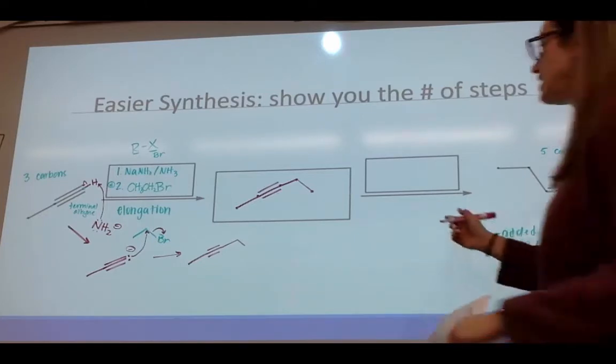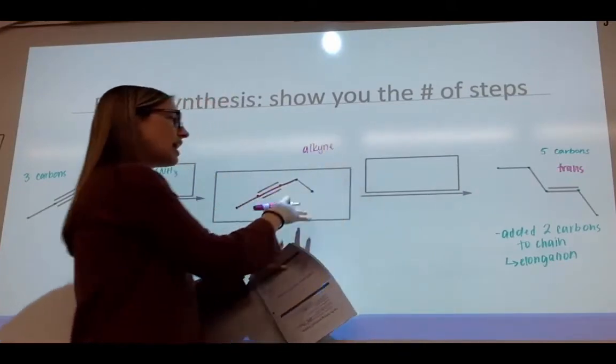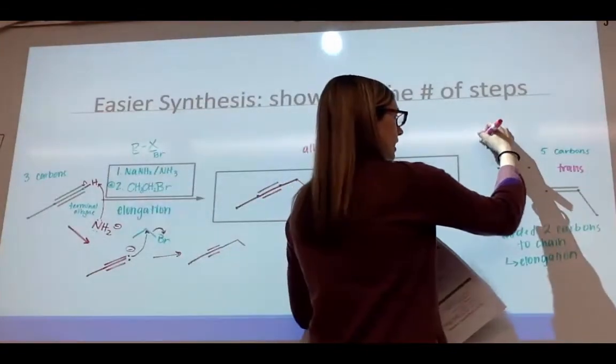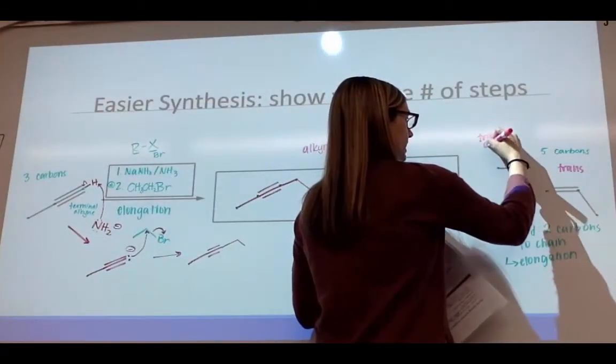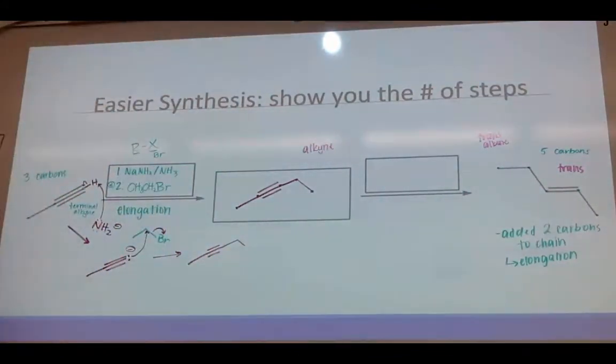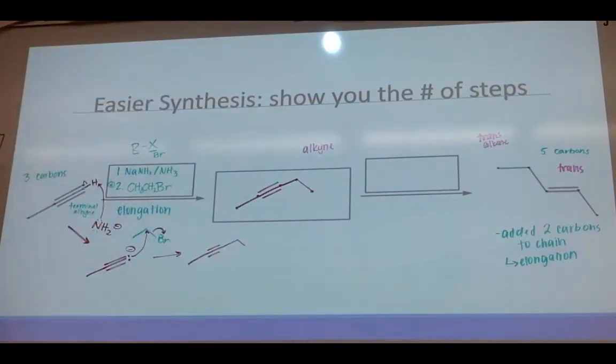So if you're taking an alkyne, you know you're starting with an alkyne, so it's going to be one of your alkyne reactions, and you are ending with a trans alkene. When you want to, I say remove, and we're not actually removing it, but when you want to eliminate one of your pi bonds, that's hydrogenation.